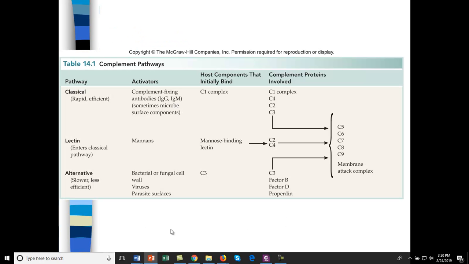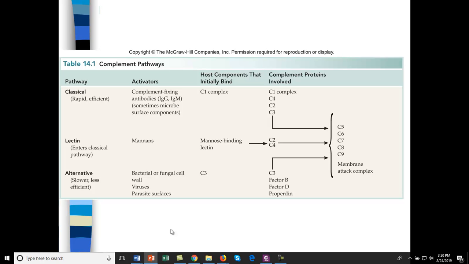Okay, and this is how they work. The classical pathway is rapid and efficient, and you have circulating antibodies, IgG and IgM, and these will interact with the surface component of a microbe and initiate a C1 complex.